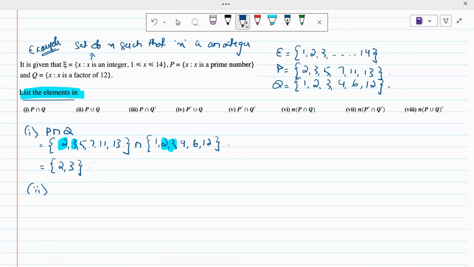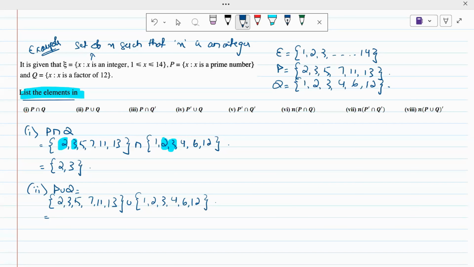Second part, we have to find P union Q. As discussed earlier, for union, we combine the elements. For set P, we have the elements as 2, 3, 5, 7, 11, and 13. For Q, we have the set as 1, 2, 3, 4, 6, and 12.